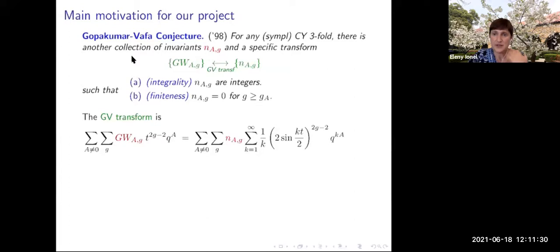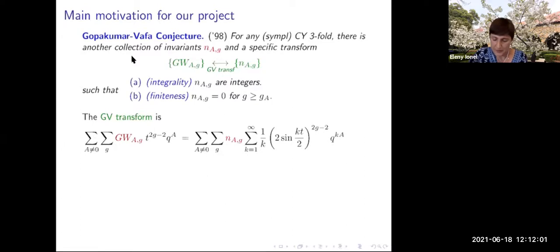In algebraic geometry, several other kinds of invariants were introduced: Donaldson-Thomas invariants, Pandharipande-Thomas invariants. They are not exactly equal to these BPS states, to this N, but they carry the same amount of information conjecturally as the Gromov-Witten invariants, and there are very specific transformations that relate one set of invariants to the other. So for the purpose of this talk, we'll just take this N_{A,g} to be defined by this transformation.